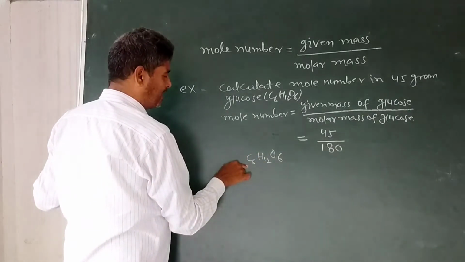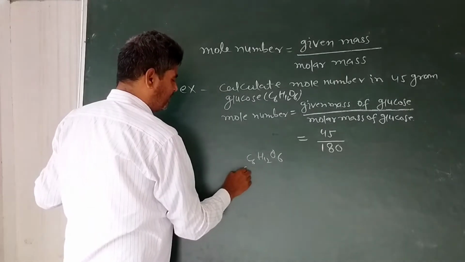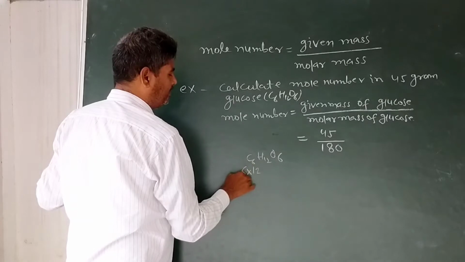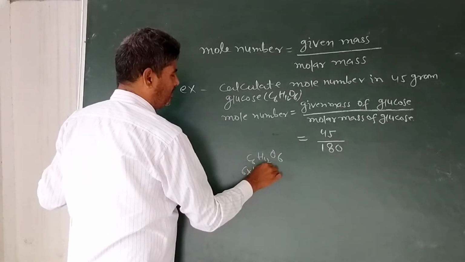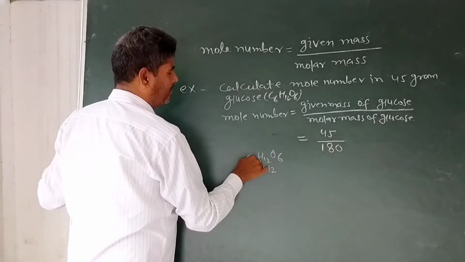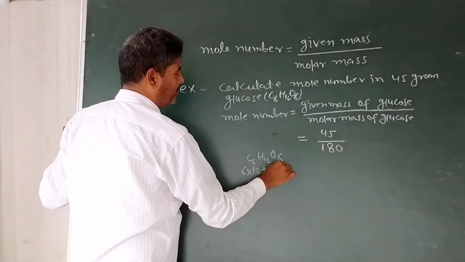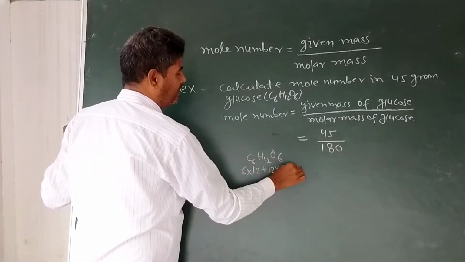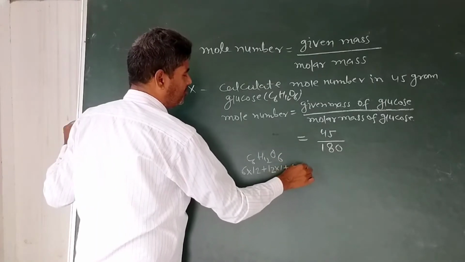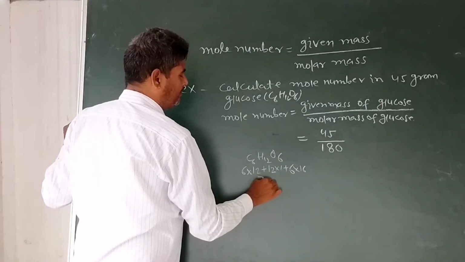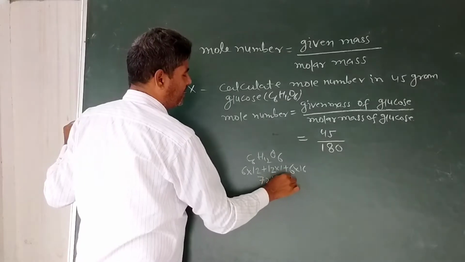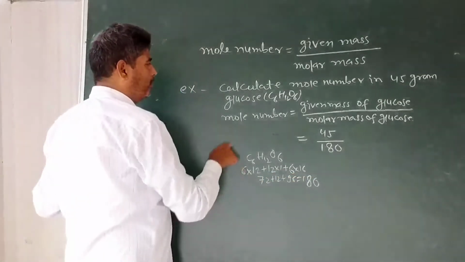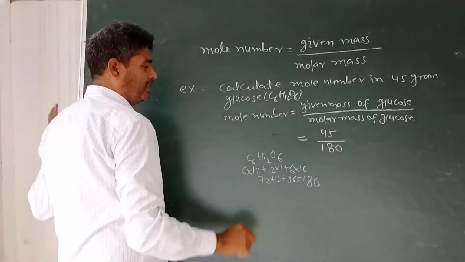The 6 times atomic mass of carbon is 12, so 6 times 12, plus 12 times atomic mass of hydrogen, which is 1, plus 6 times atomic mass of oxygen. 72 plus 12 plus 96 is equal to 180. So the molar mass of glucose is 180.